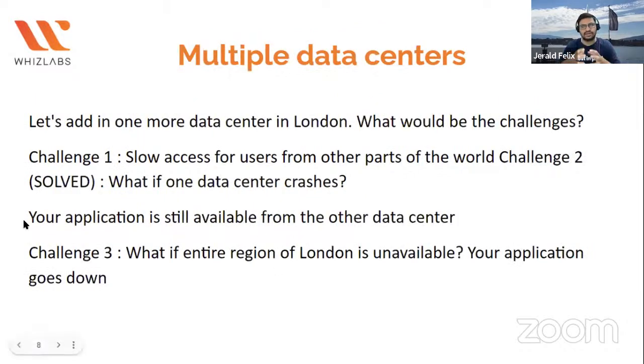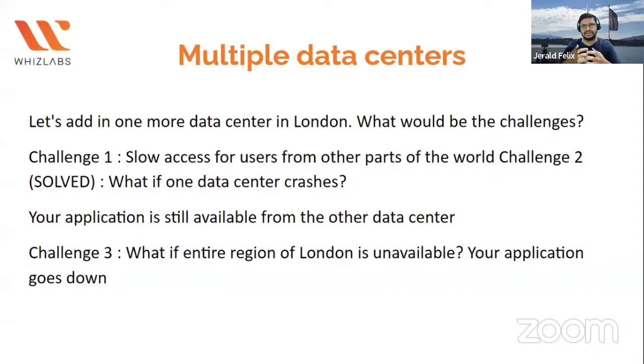To overcome this challenge, we have a concept called multiple data centers. So let's add one more data center in London. What would be the challenges? Slow access for users from one part of the world is not solved. And if the data center crashes, it's again a big challenge to ensure that the application is available all the time.